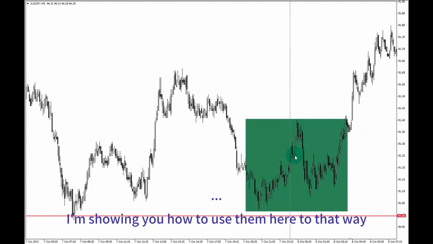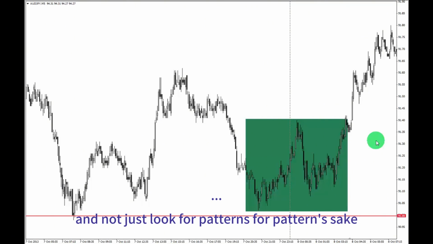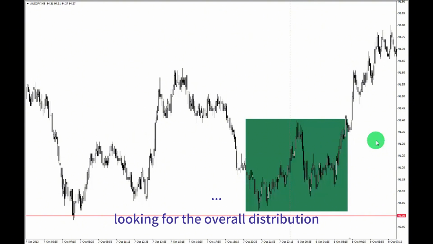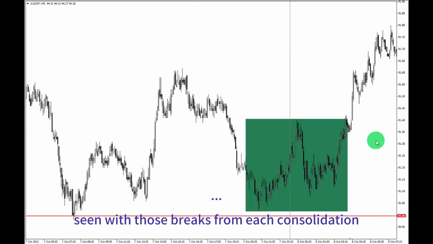I'm showing you how to use them here, so that way when you're looking at your price action segments and portions and fractals, they will have a lot more meaning to you and not just look for patterns for pattern's sake. Looking for the overall distribution, accumulation, and the markup and markdown of price seen with those breaks from each consolidation.